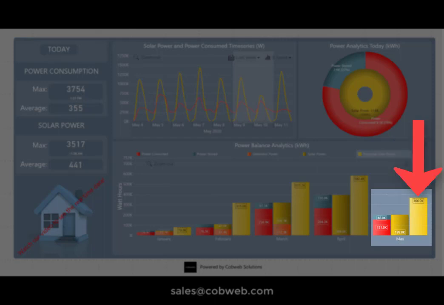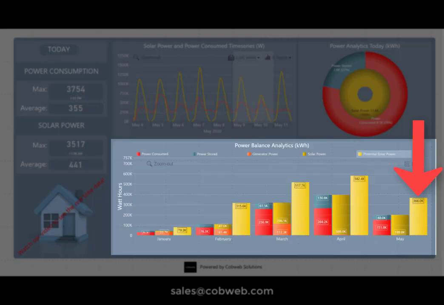in the stack is a representation of how much solar power is potentially available, and this is based on sunrise and sunset times. So it just gives you an idea of what's actually available in terms of solar. Again, if it's a cloudy day, then there will be less solar power coming in, and therefore less stored in the batteries.